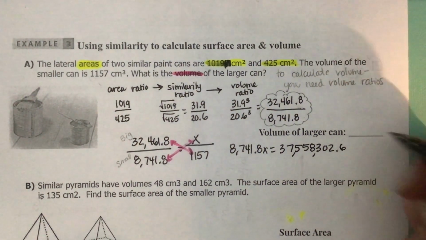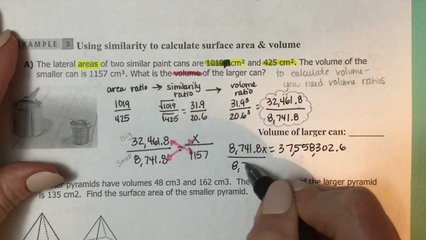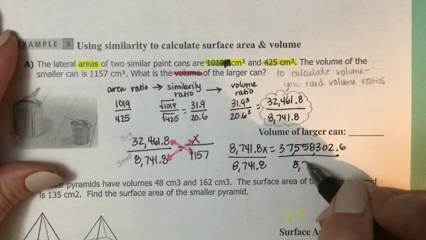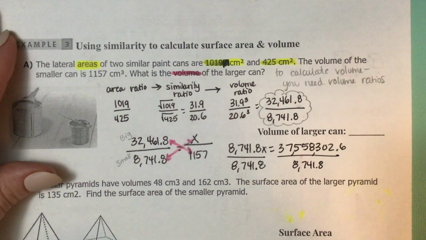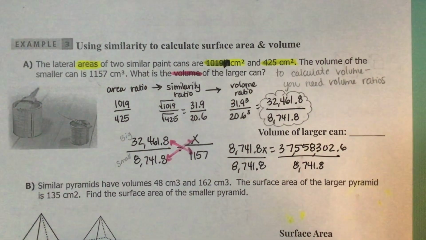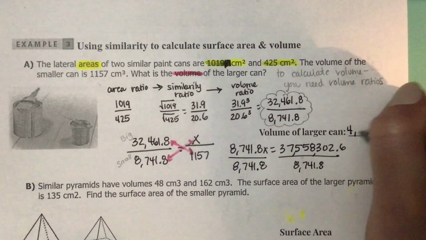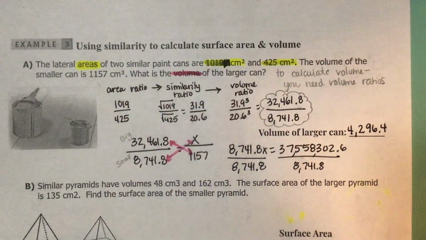I could put that in there, why not? Okay, now what we're going to do, to get that x isolated, we're going to divide by 8,741.8. And we are getting 4,296.4.